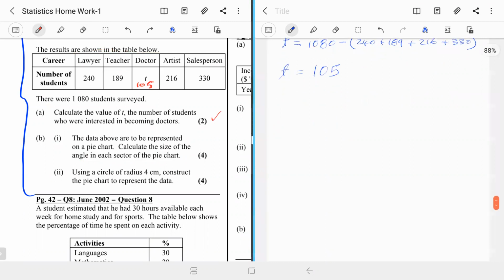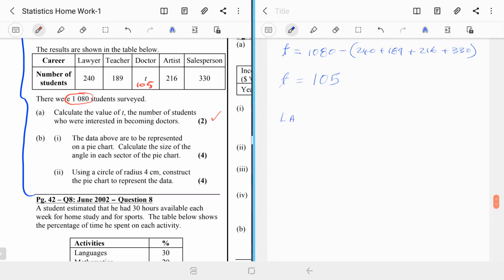So first, remember that the total is this, and it's a fraction of the total. You express that fraction in degrees, so you have to multiply it by 360. So for the lawyer, when the person's chosen law, it will be 240 divided by the 1080.